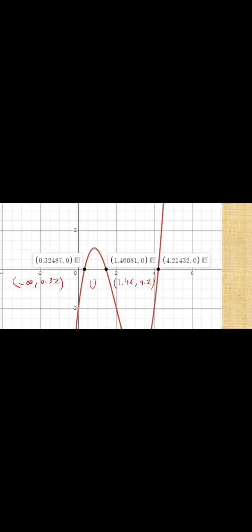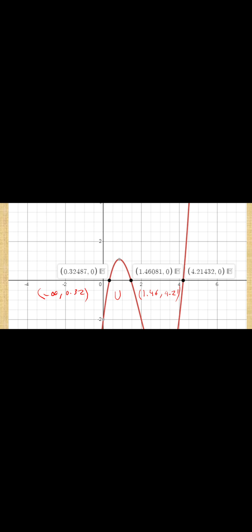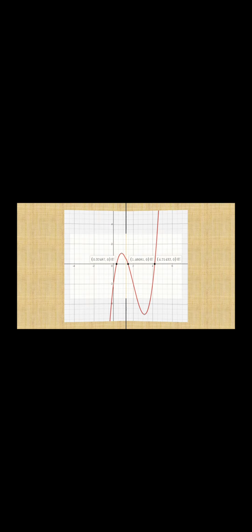So we use union for these two intervals, and this is the solution of our function. The three real zeros of this function, as we said from the graph, are approximately 0.32, 1.46, and 4.21.